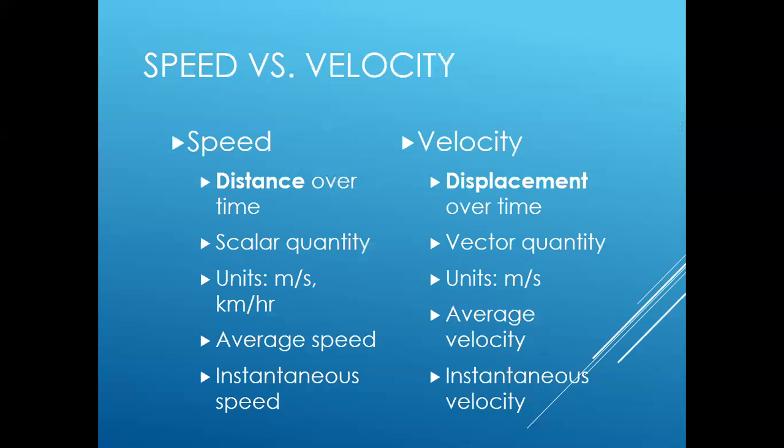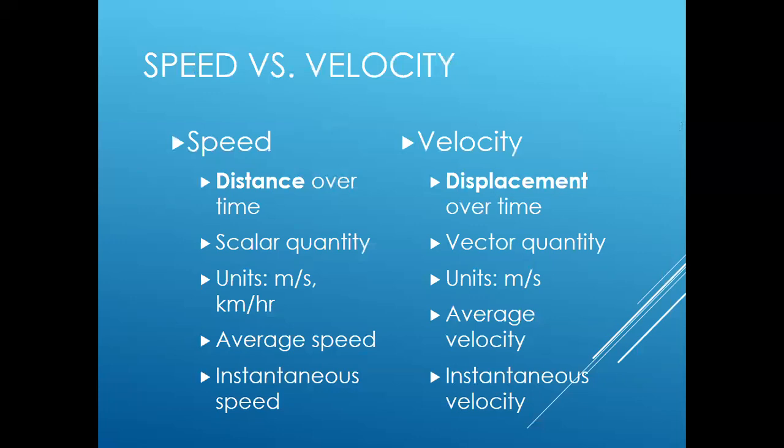Now, in real life, many of us use these words interchangeably. However, mechanically speaking, speed is a scalar quantity because it uses distance, which is a scalar quantity, whereas velocity is a vector quantity because it uses displacement, which is a vector quantity.